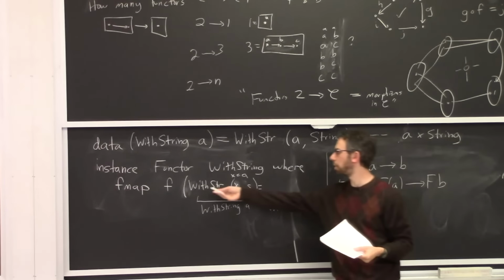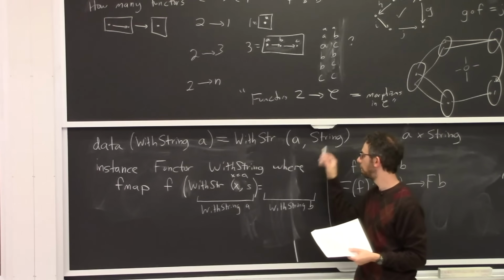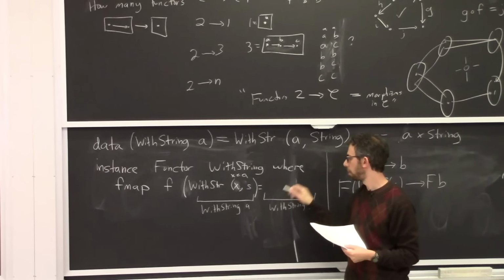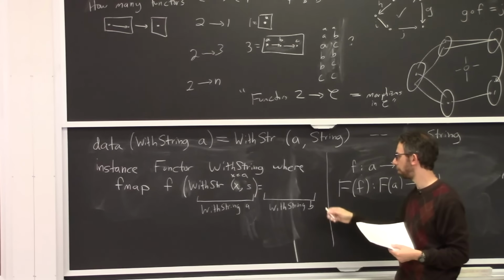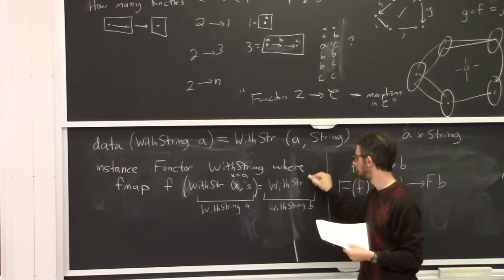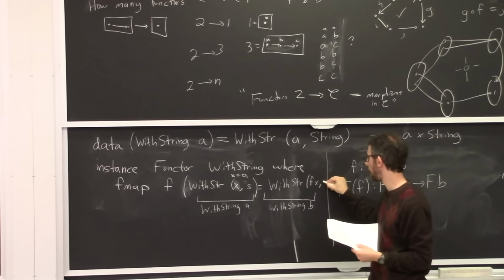OK, so here comes, someone gives us an x comma string. s is of type string. And our job is to return something of type b comma string. And so what we use is WithString f of x comma s.